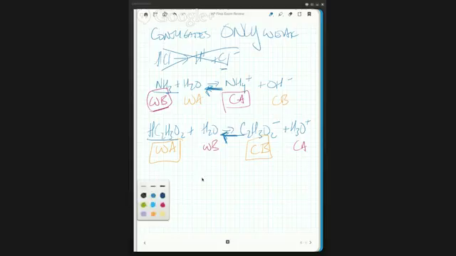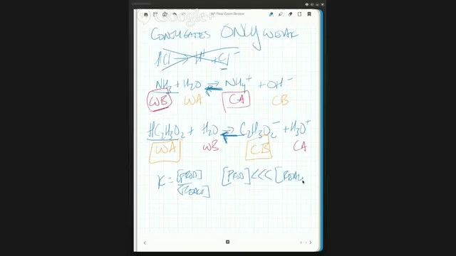If K is products over reactants, the concentration of the products is so much smaller than the concentration of the reactants. Ergo, K is so much less than 1. So it wants to go back that direction.